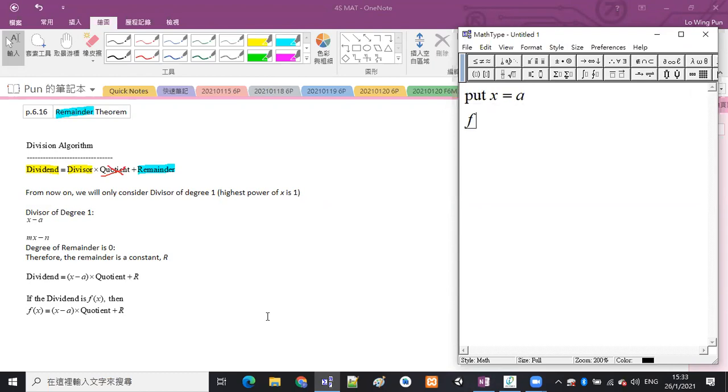The left-hand side becomes f(a). The right-hand side becomes a minus a times quotient.